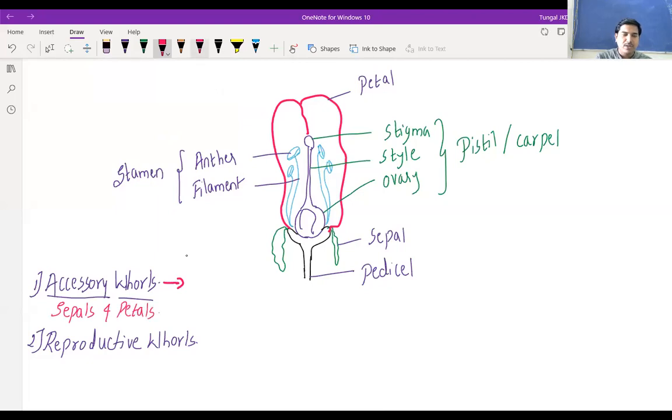And the reproductive whorls are, so here we have examples of reproductive whorls: stamens and pistil. So stamen or a pistil.